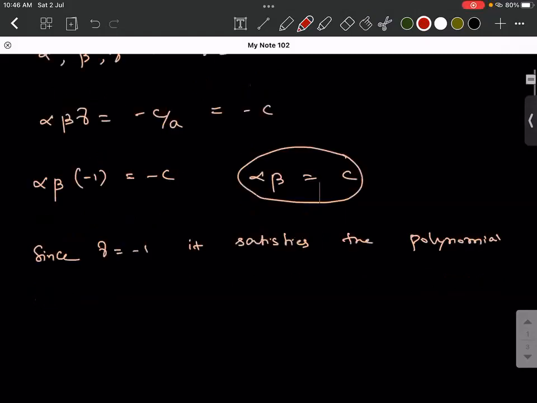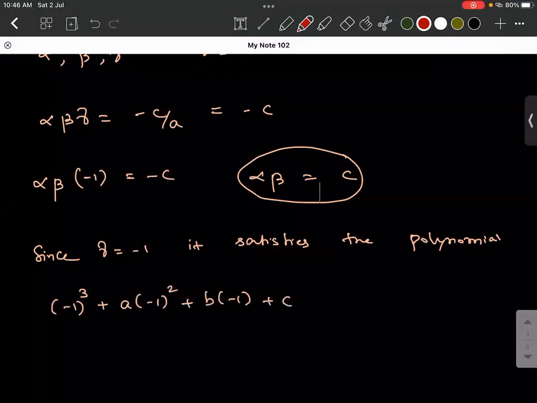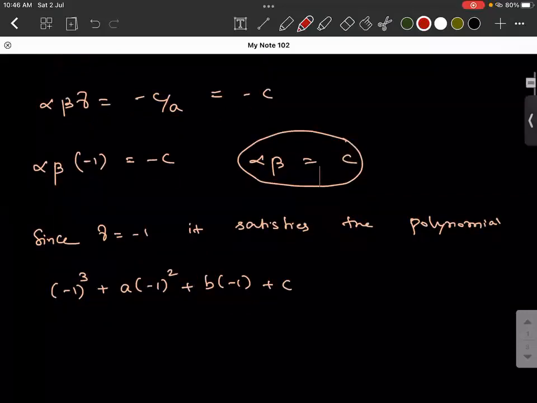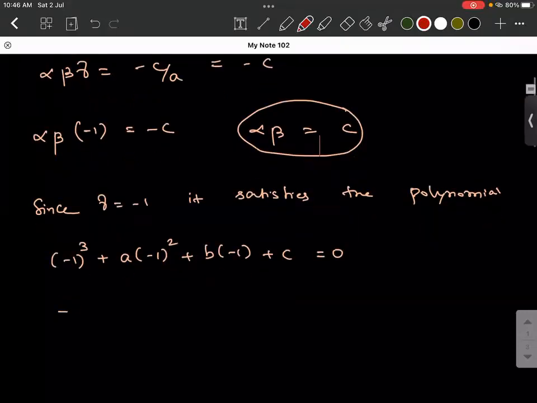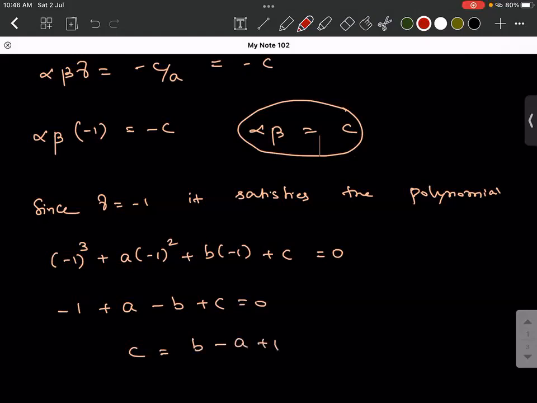If that is the case, then -1 cube plus a into -1 square plus b into -1 plus c should be equal to 0. So -1 plus a minus b plus c is 0. So c is equal to how much? B minus a plus 1.